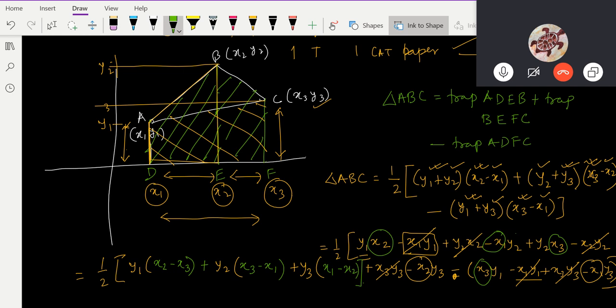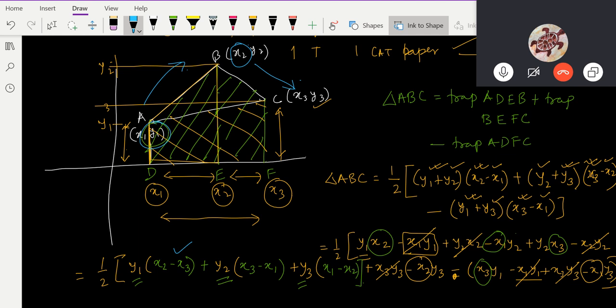And the way to remember this is that the Y coordinate will always be outside, and it will multiply with the difference of the X coordinates. Now the logic is you take Y1, the first point, and go to the second point in a clockwise direction: X2 minus X3. That is the first term.